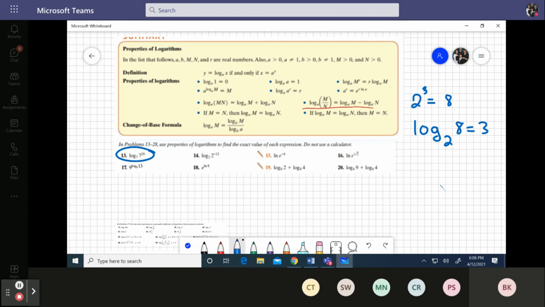Yes, ma'am. Okay, so I'm going to take this and write it in exponential form. I always set it equal to x so that I see that exponent.